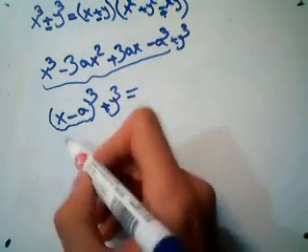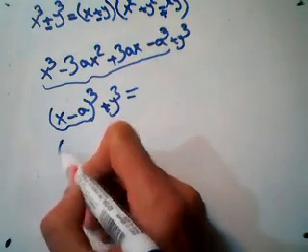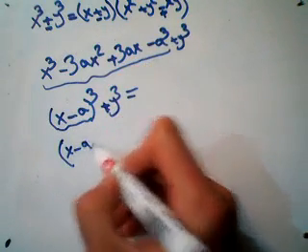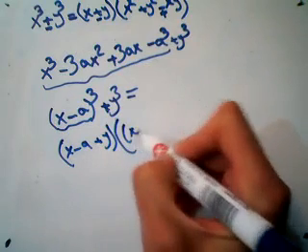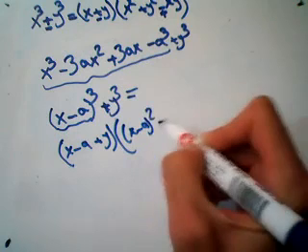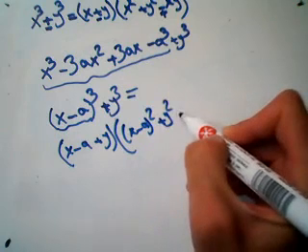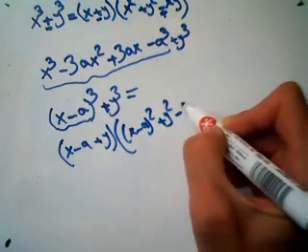That would be x minus a plus y times x minus a squared plus y squared minus y times x minus a.